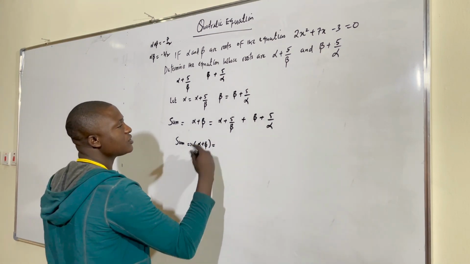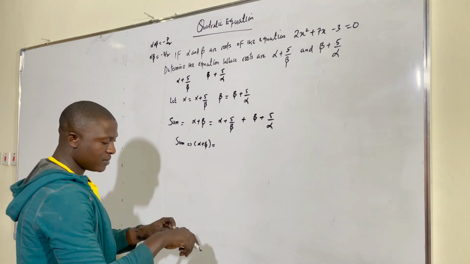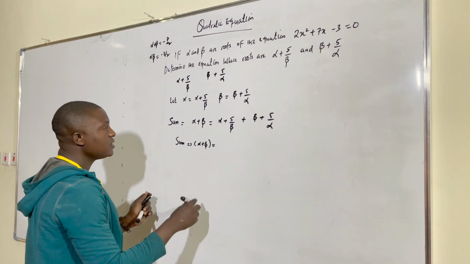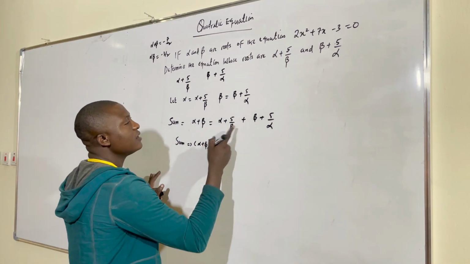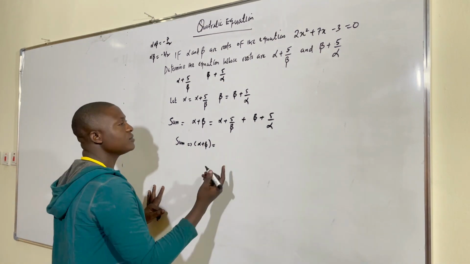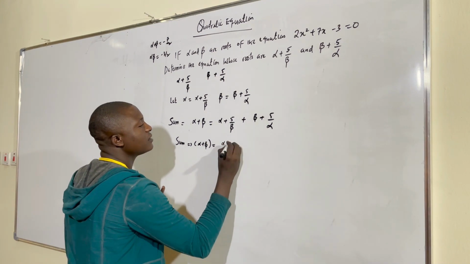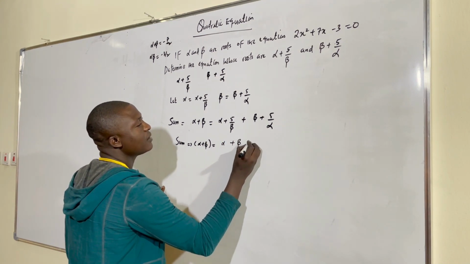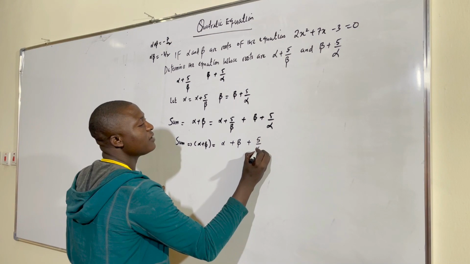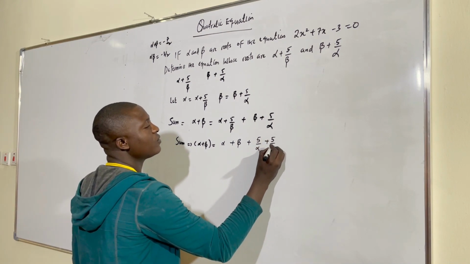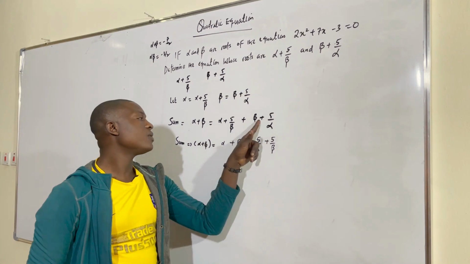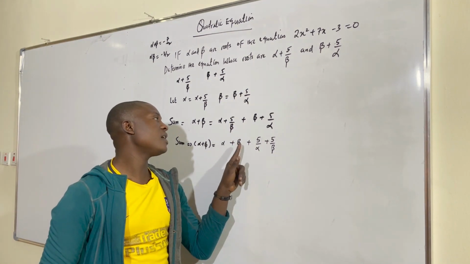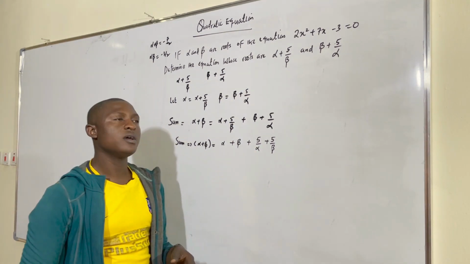Can we just arrange this one? We can arrange them to make it easier. If I arrange them, we can have alpha plus beta plus 5 over alpha plus 5 over beta, just to make it easier.